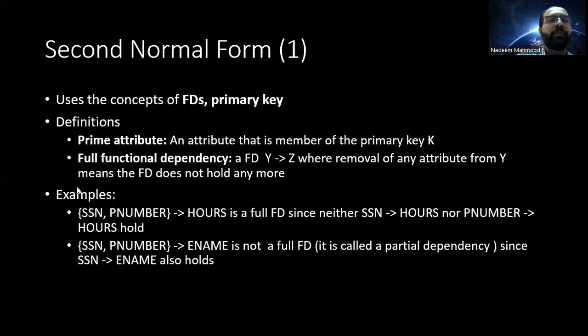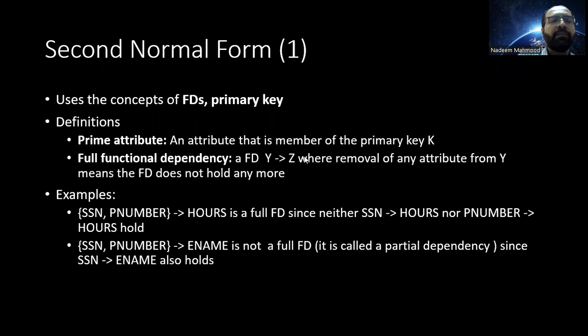Now we can have a definition of second normal form, which uses the concepts of FDs and the primary key. Here is the basic definition. First of all, we try to understand what a prime attribute is. A prime attribute refers to an attribute that is a member of the primary key. And full functional dependency means that the attribute must be dependent on the composite attribute.